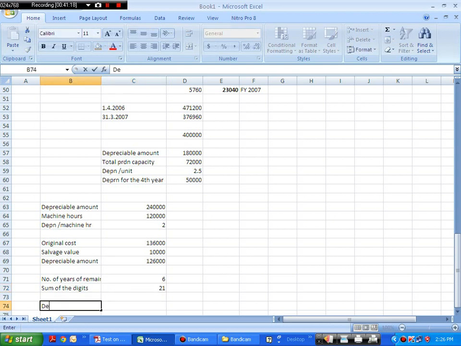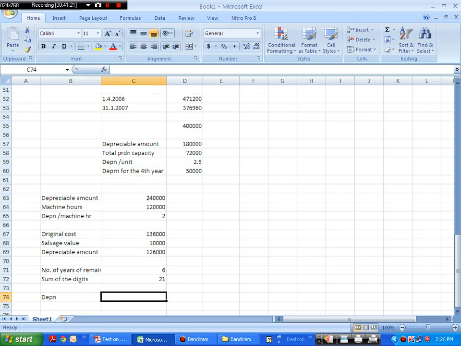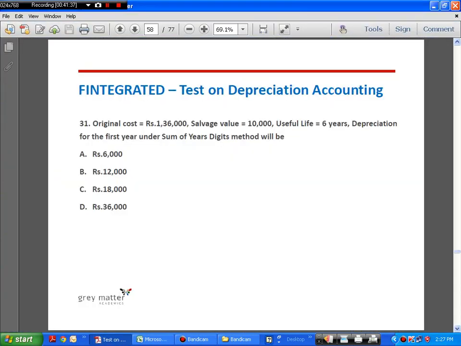So the depreciation under this method will be the depreciable amount multiplied by the number of years of remaining useful life divided by the sum of the digits in the useful life. So depreciation is 36,000 rupees for the first year.